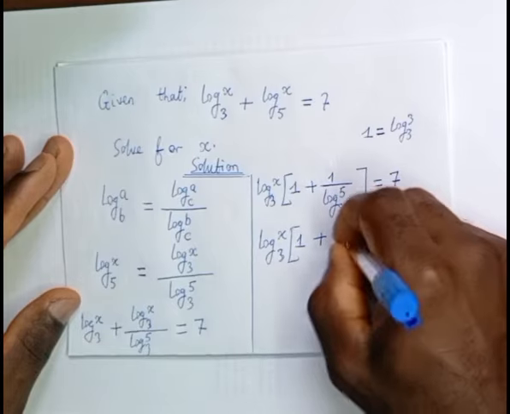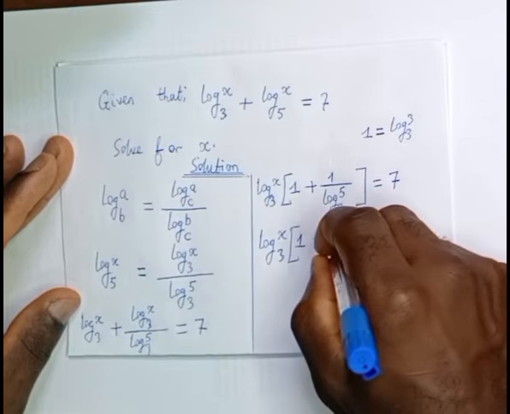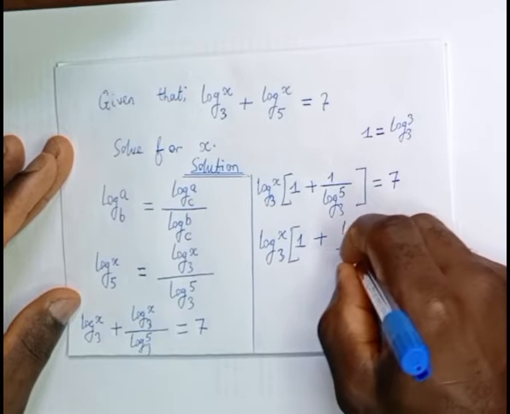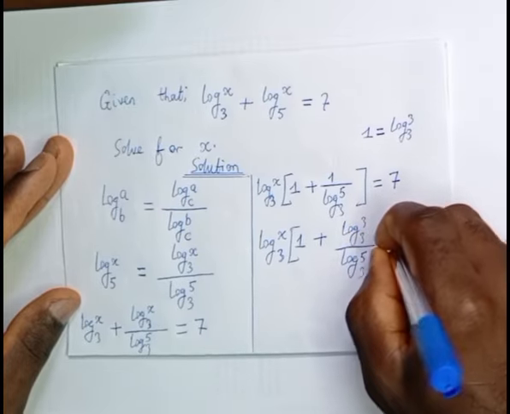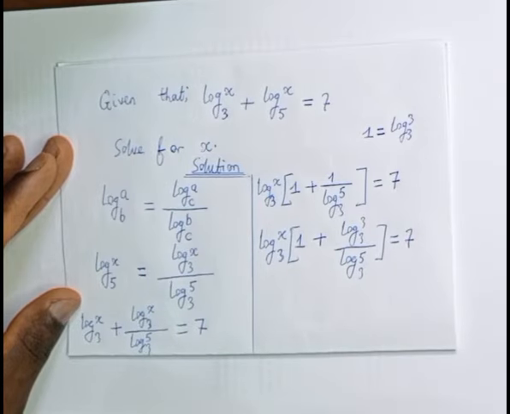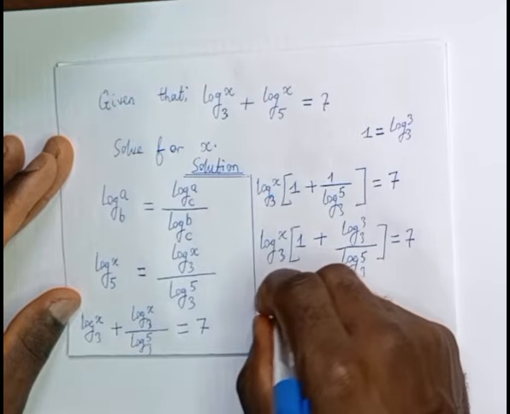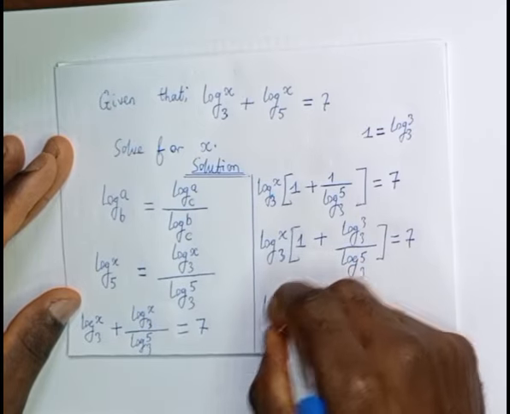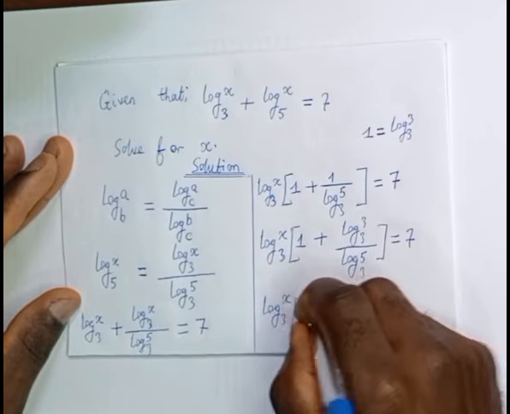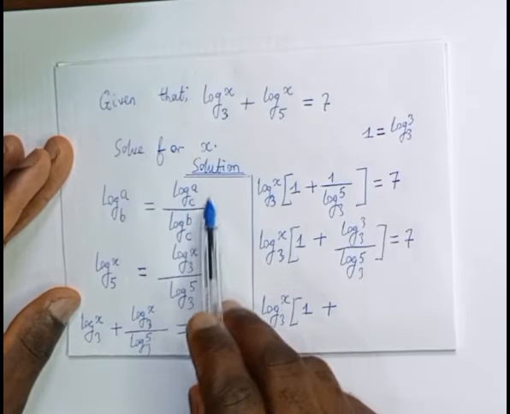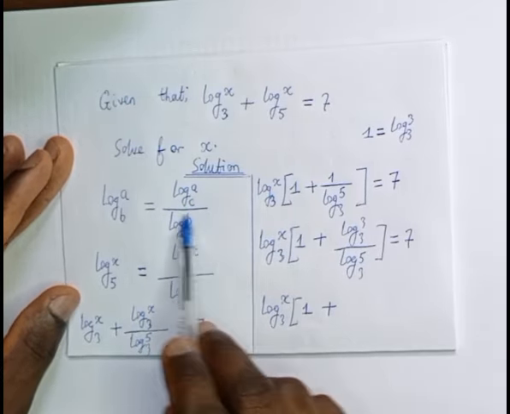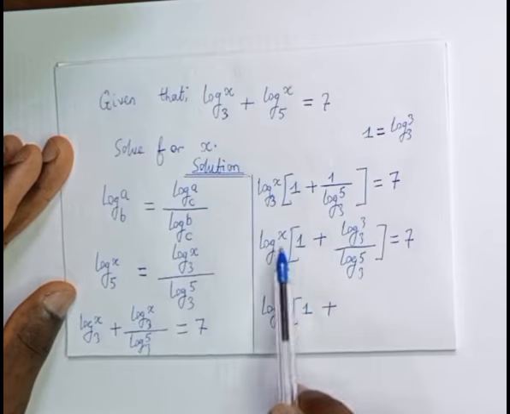This gives us log 3 base 3 all over log 5 base 3, and this is simply equal to 7. Applying this formula for changing the base of a logarithm, going back to the left, let's compare.